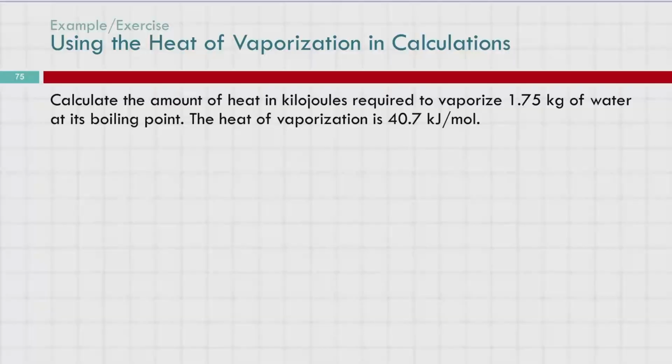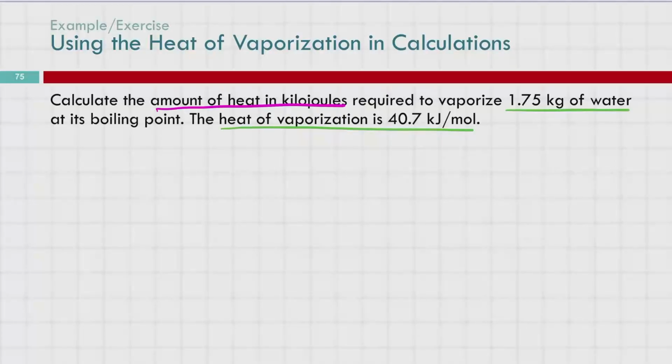We are looking for what? The amount of heat in kilojoules. We are given what? 1.75 kilograms of water. And what else? 40.7 kilojoules per mole. Yeah, the heat of vaporization is 40.7 kilojoules per mole.